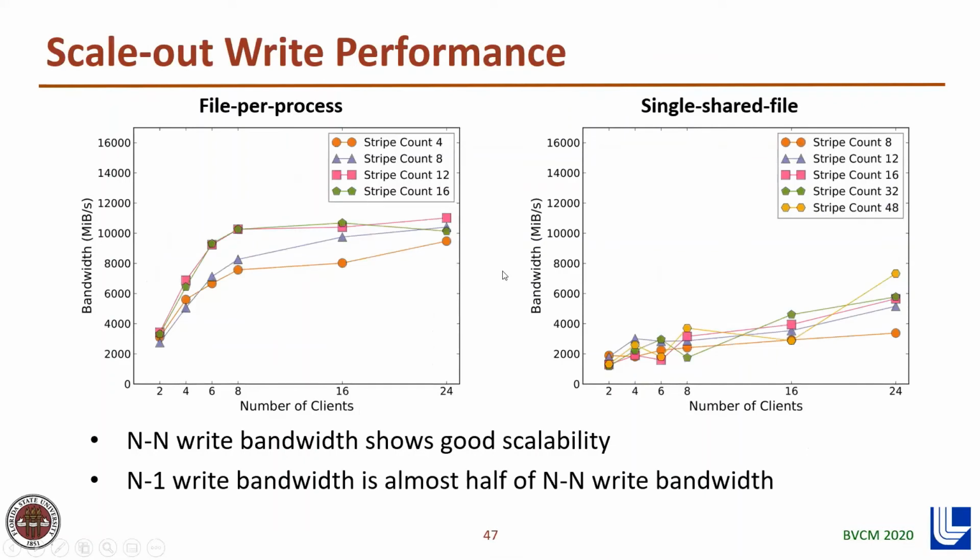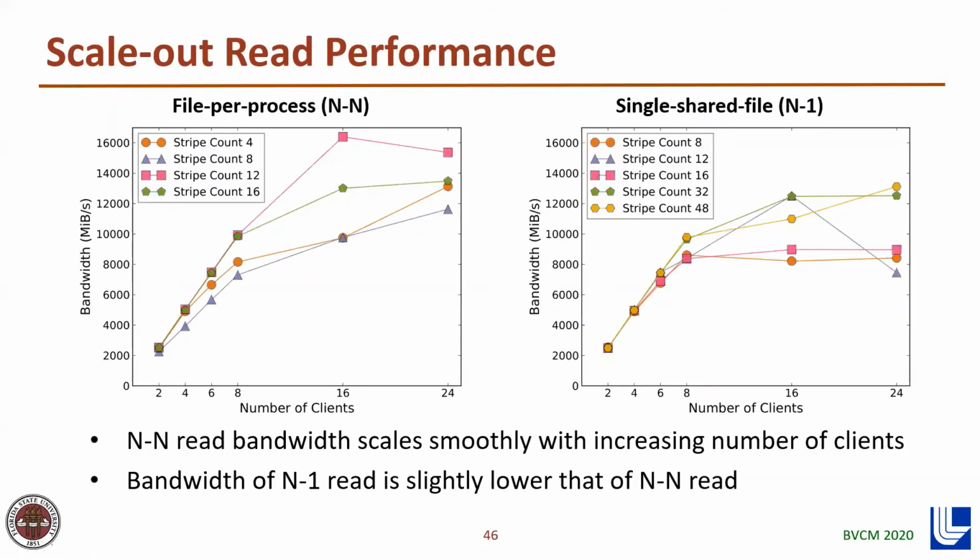Then we started doing the scale-out write performance and read performance. In this case, on the y-axis, instead of varying the number of processes, we varied the number of clients, and we kept the number of processes equal to 8, because that was the number of processes at which we saw saturation in the single-node experiments.